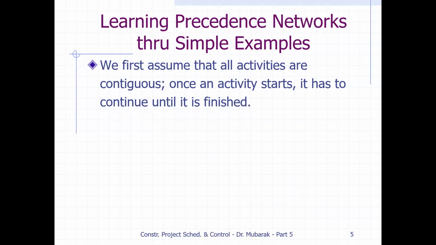So first, we'll assume all activities are contiguous. Once an activity is started, it has to continue until it is finished. Previously, we used to interrupt or stop our activities if another activity had to start, or they could also finish, but with some restrictions.